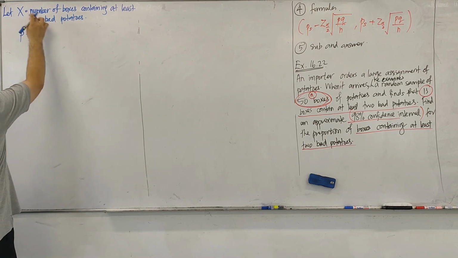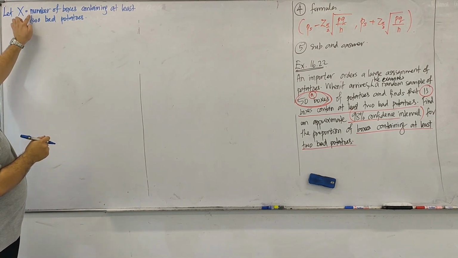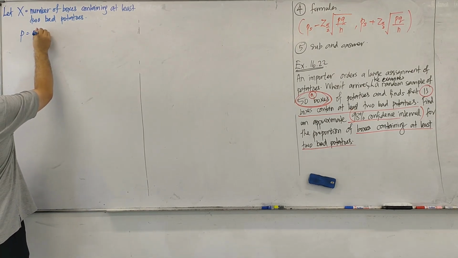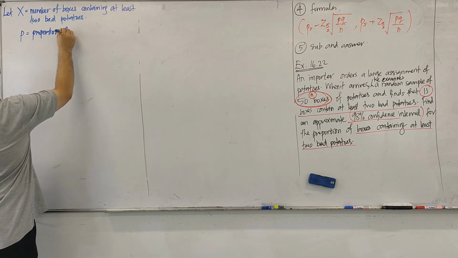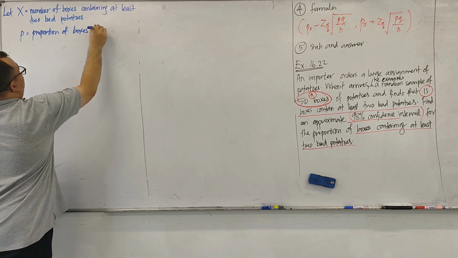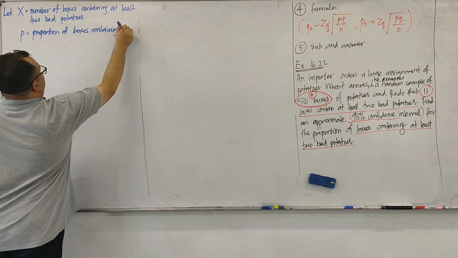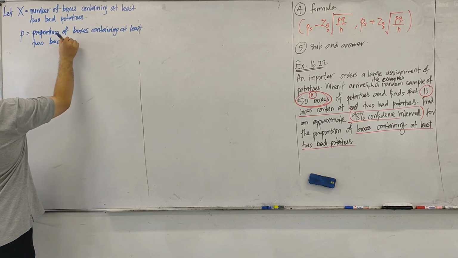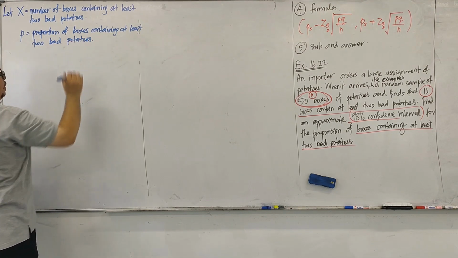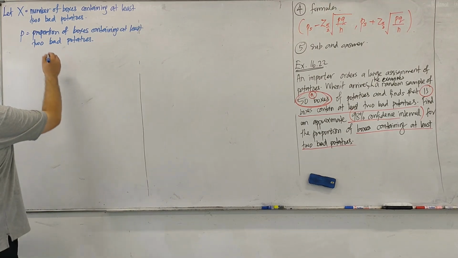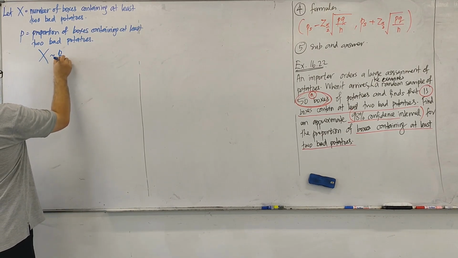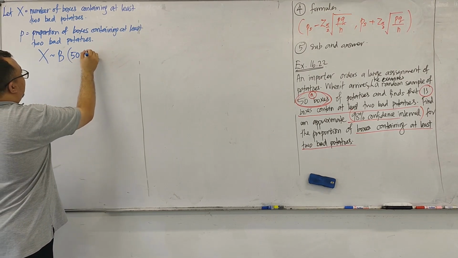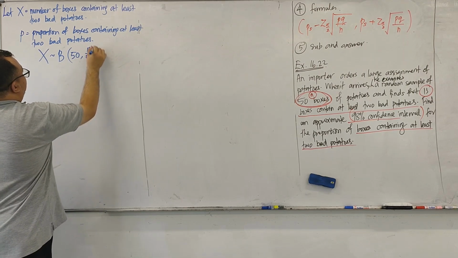Your P is exactly the same thing except you change from number kepada proportion. So this one akan jadi proportion of boxes containing at least 2 bad potatoes. Okay, so that is your step number 1, and then we can define our X will follow binomial N, P. What is N? N awak adalah 50, P awak adalah 13 out of 50.